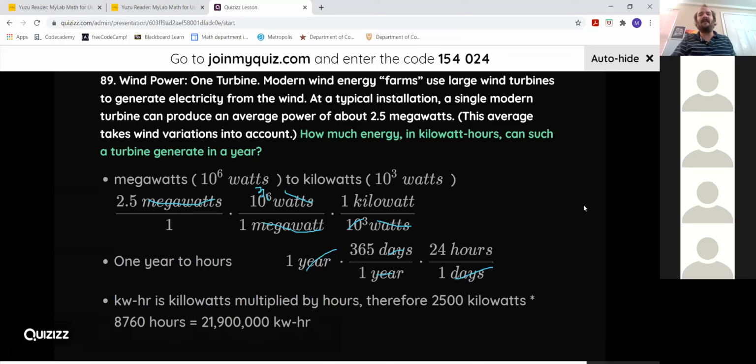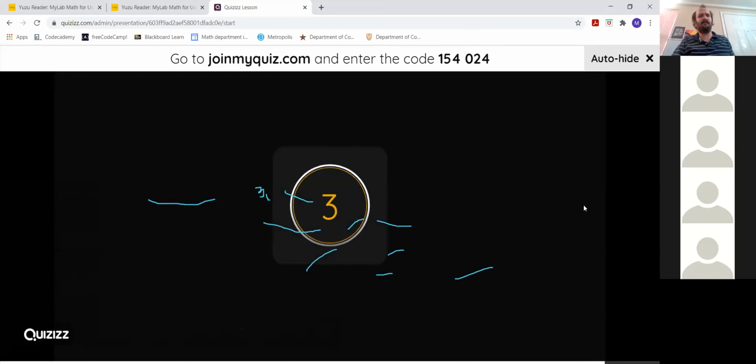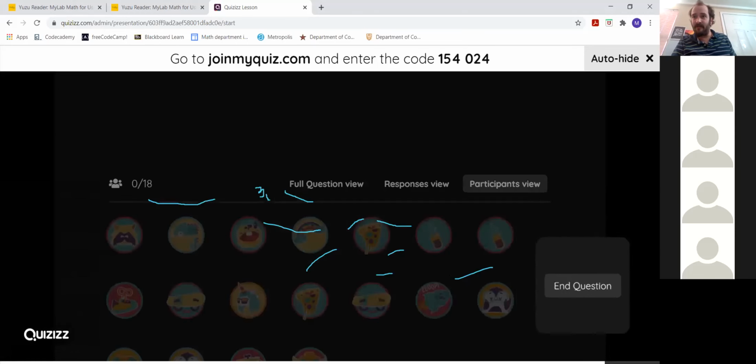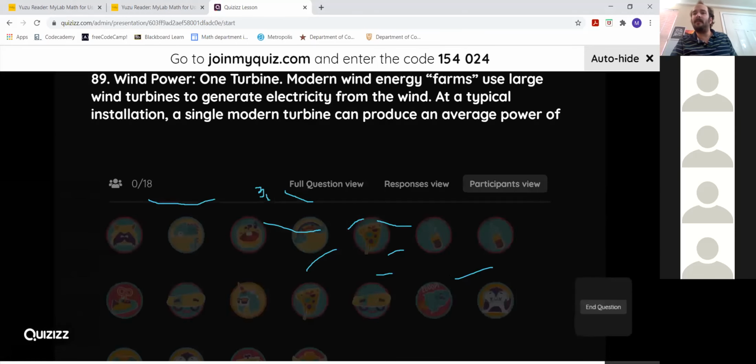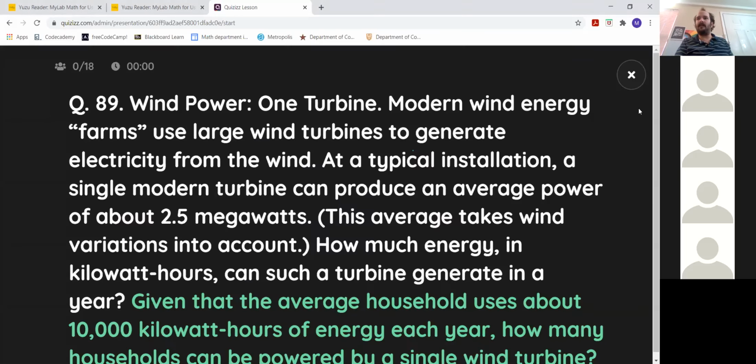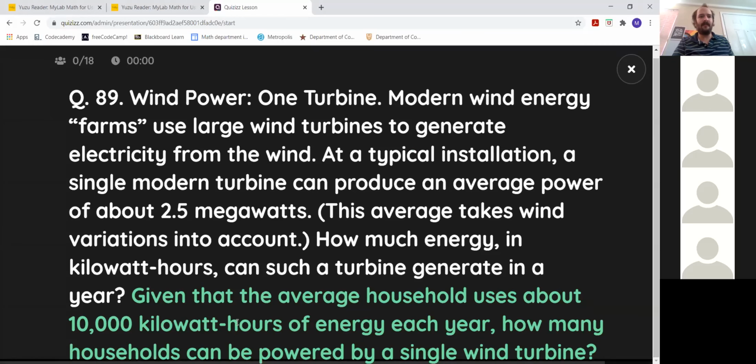They want to know how many households, if each household uses, what was it, 10,000 kilowatt hours is the next question. So we got 21,900,000. Let me clear these annotations. And now we know that each household is using 10,000 kilowatt hours.